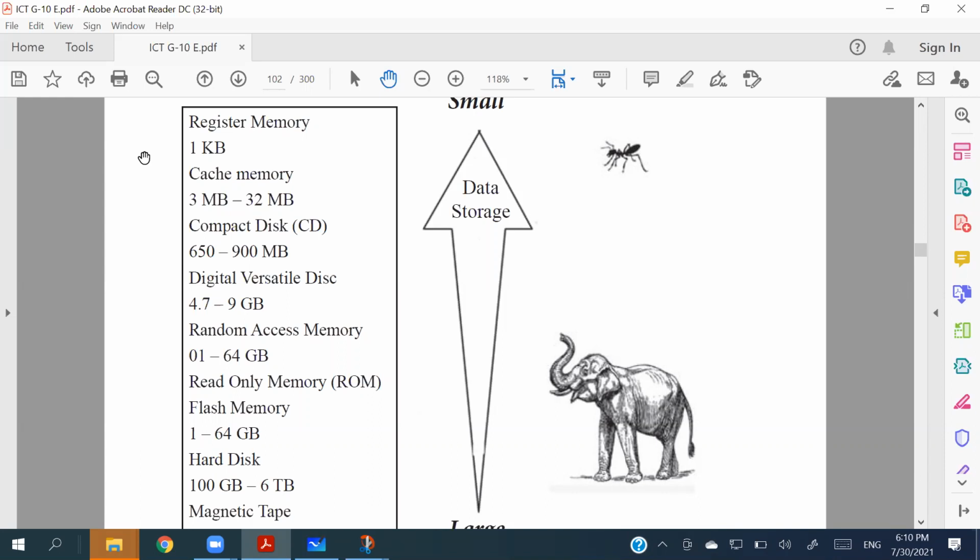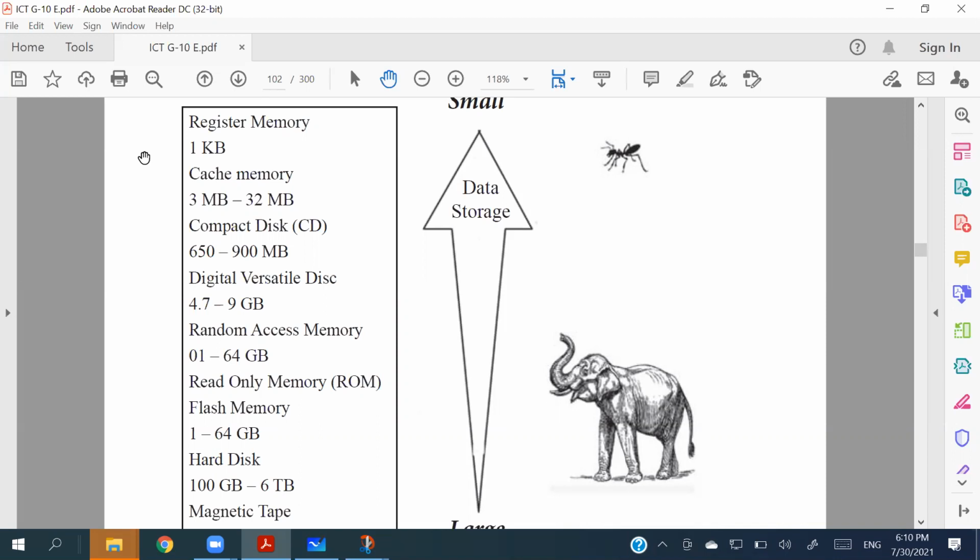Then after that comes the cache memory. Now in modern CPUs, cache memories are inside the CPU, like the register memory. But generally we say cache memory is in between the register memory and the RAM, right? So cache memory is a little bit bigger than the register memory. As you can see, register memory comes in kilobytes, cache memory comes in megabytes.